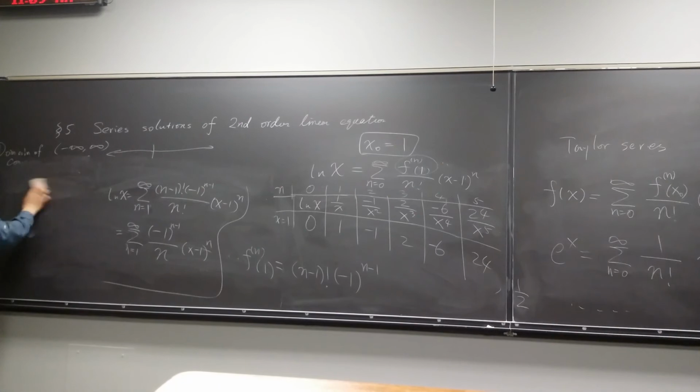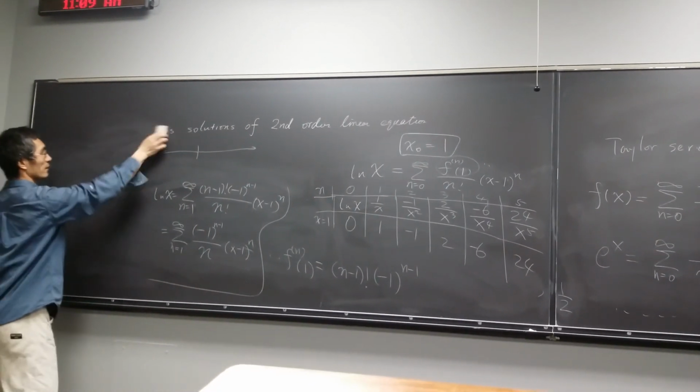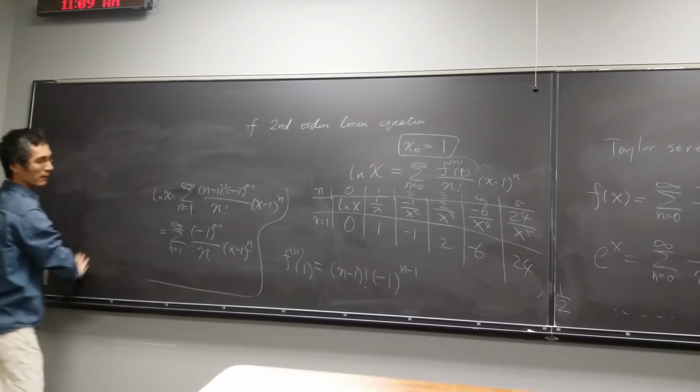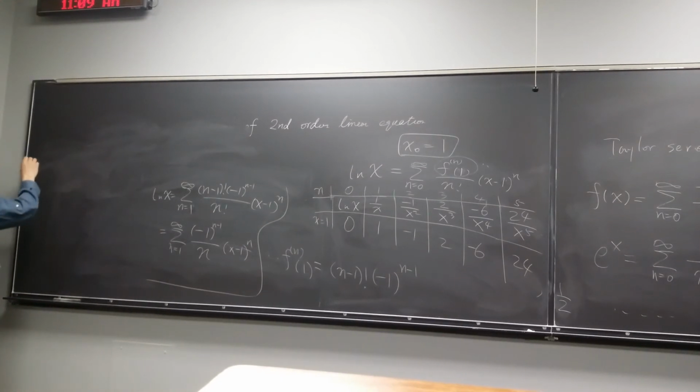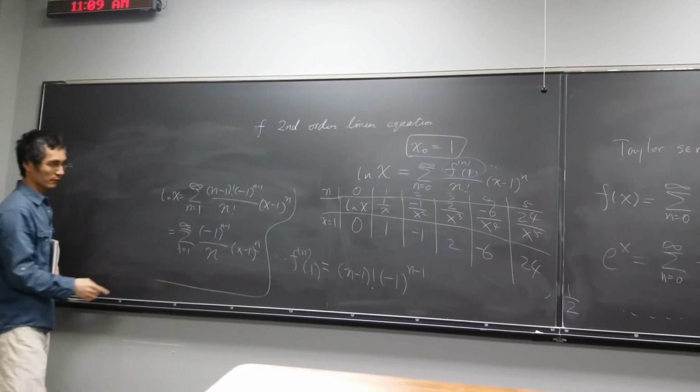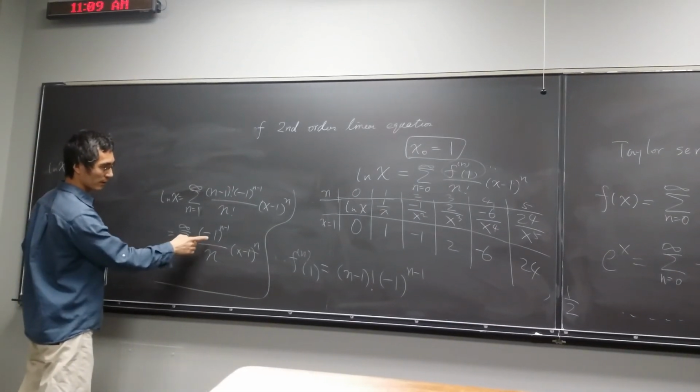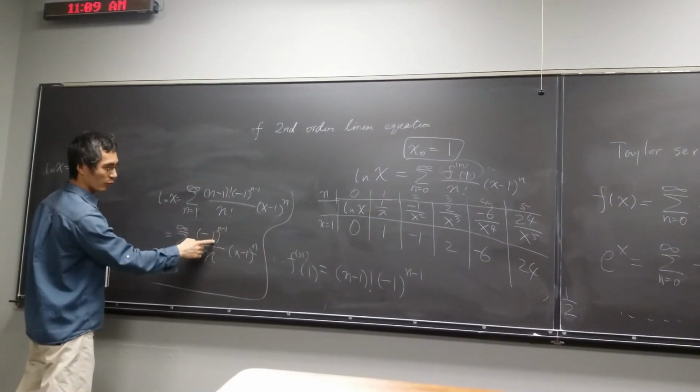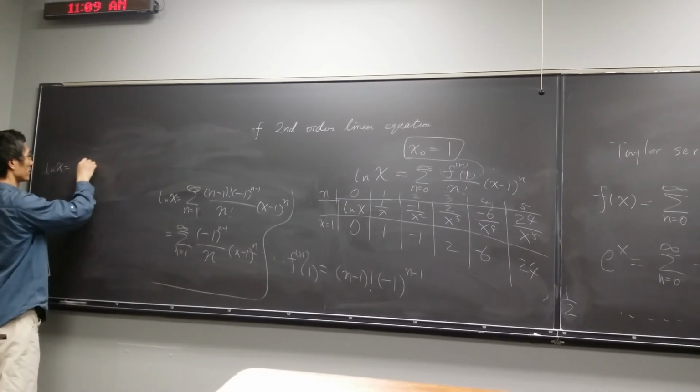Alright? And if you find it a little bit hard to understand, we can write it out more explicitly. So log x equals a sum of a lot of terms. The first term is n equals 1. You plug in here. This is 1 over 1, which is still 1.